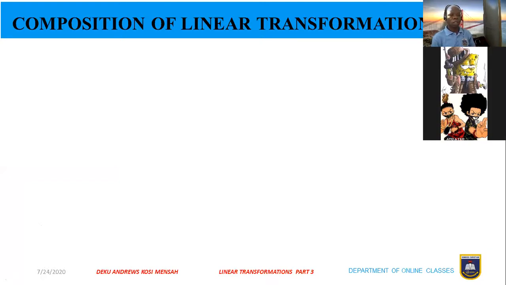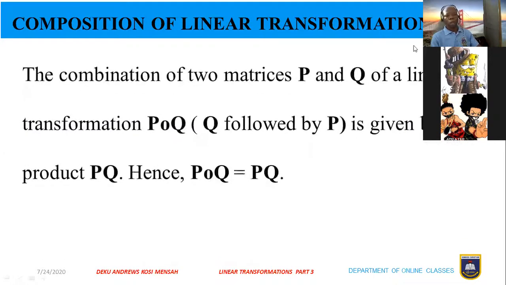What is the meaning of the composition of a linear transformation? Now, the combination of two matrices P and Q. We assume the P and the Q here are two matrices of a linear transformation.